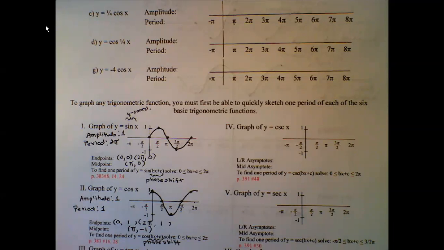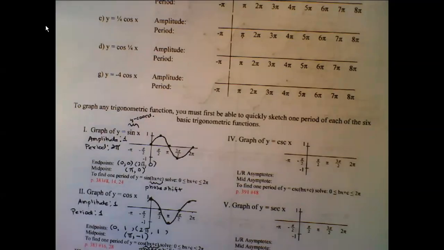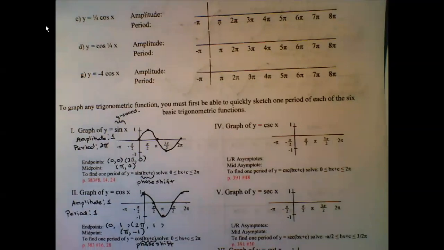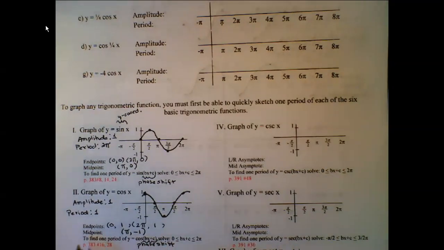Actually, I realized I didn't say it just like I wanted to say it. Let me go back to saying, to find one period of the graph, you set the argument between its normal endpoints. And I'm talking about the x coordinates of its endpoint, 0 and 2 pi. When we're graphing it by hand, that's how we find one period of the graph.